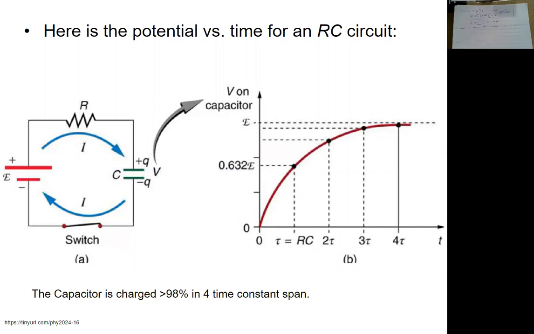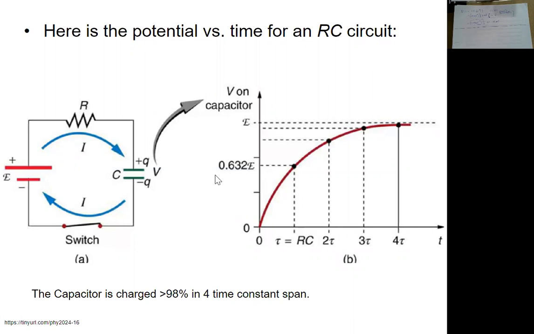That gives you a sense of how much that is. After one time constant, it's already 63%. So usually in the lab, we can just stop at 4 or 5 times the time constant.